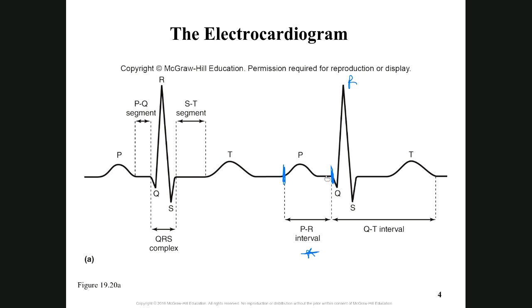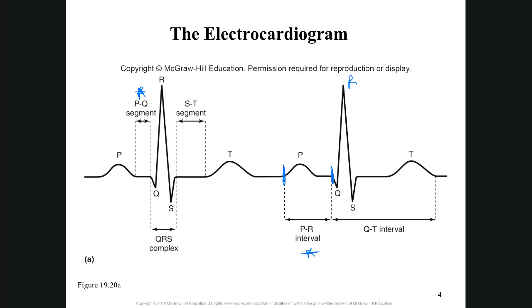And this remaining in contraction can be detected by this segment. We call it the PQ segment. So the PQ segment is the segment when your atria are remaining in contraction.